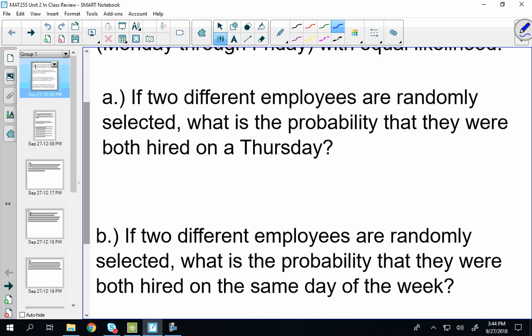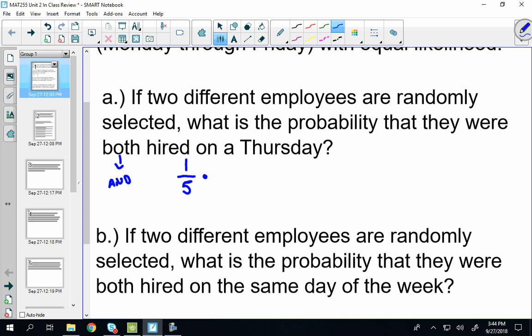hired on a Thursday? So the probability of one of them being hired on a Thursday is 1 out of 5. They were hired on Thursday, and there were 5 possible days, Monday, Tuesday, Wednesday, Thursday, Friday, that they could be hired. Both is another way to think of and, and with and, we need to multiply.